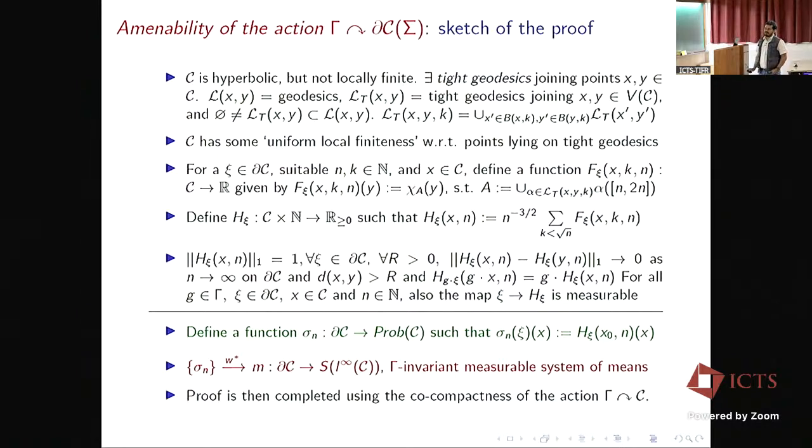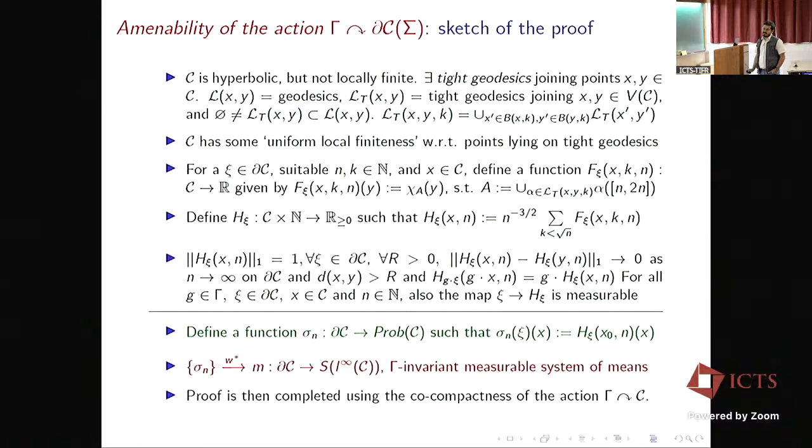So these are the probability measures that we are assigning, and they will in some sense converge to an invariant measurable system of means. So this is a function, this is not one mean, this is a family of means, this is a section.